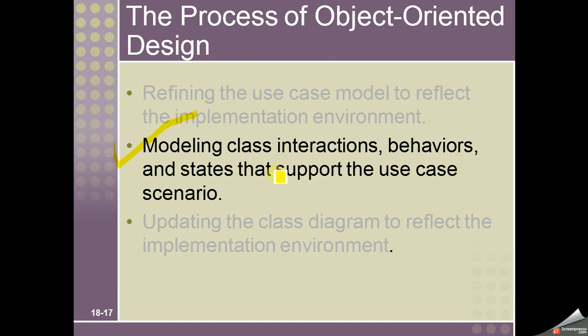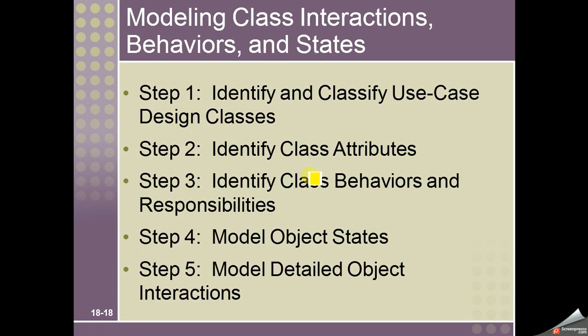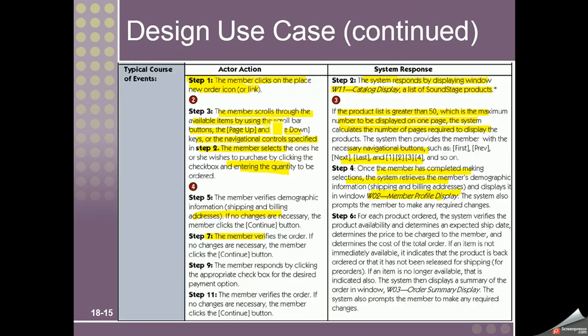Next, we need to model the class interaction, behavior, and states that support this use case scenario. So for this phase, first step is to identify and classify use case design classes. So now from this scenario, we can identify different use case design classes.